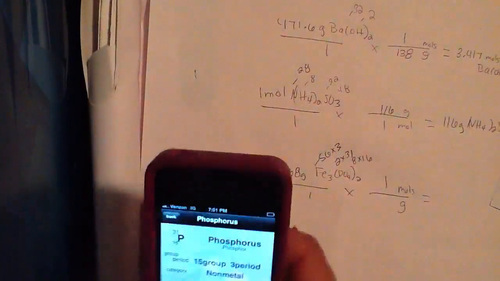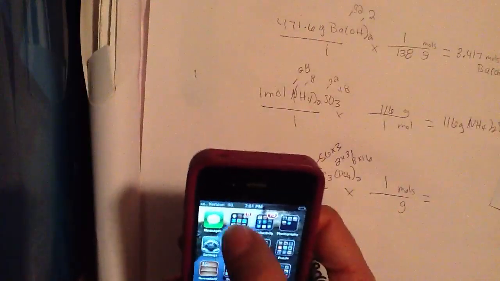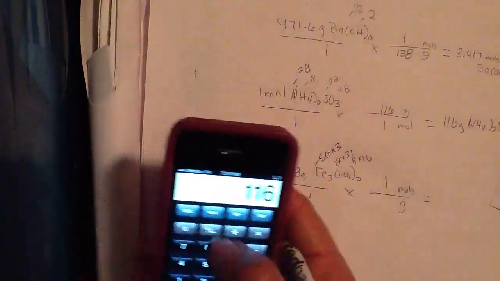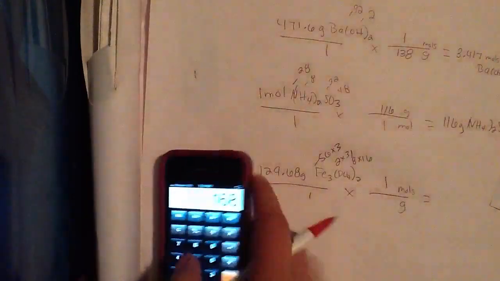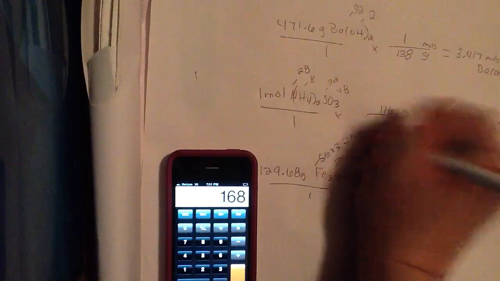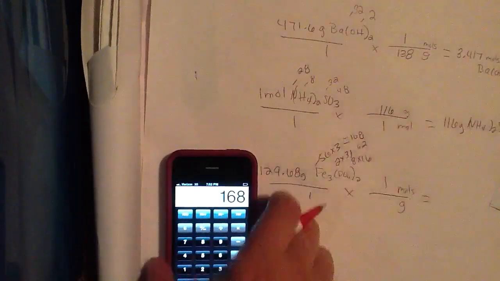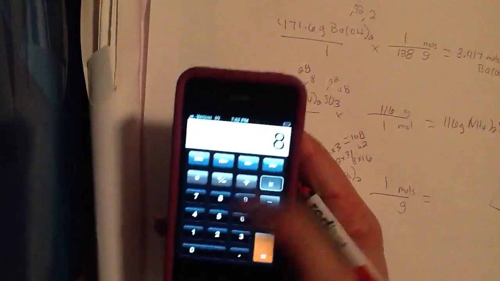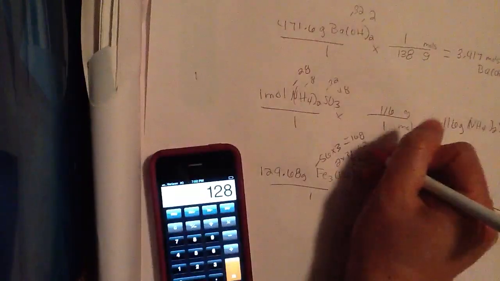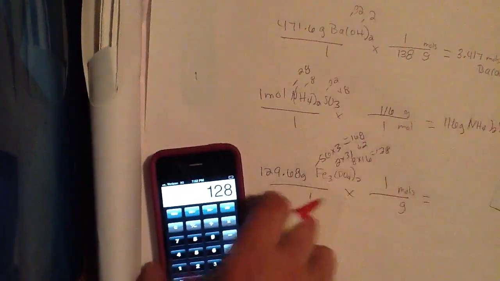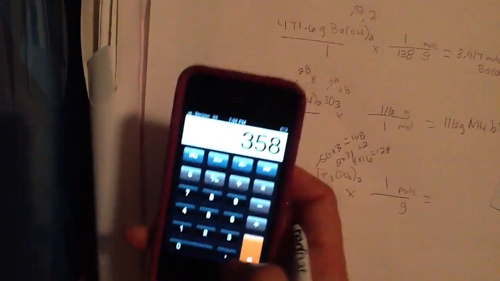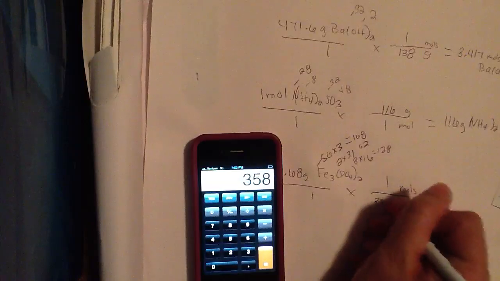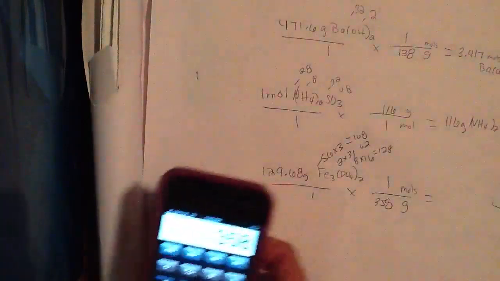Let's use our calculator here and add these up. 56 times 3, I get 168. 2 times 31 is 62, and I have my 8 times 16, which is 128. Let's add all that up. 128 plus 62 plus 168 equals 358, assuming I added right. Now we have to take what's on top and divide it by what's on the bottom.